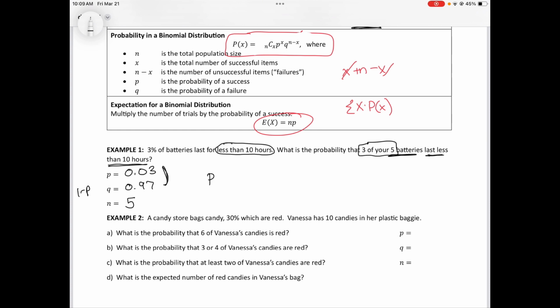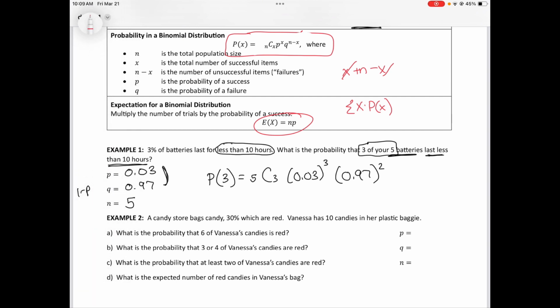The probability that 3 of the batteries will last less than 10 hours is: we have 5 batteries, we're choosing 3. The probability of a success is 0.03, and we have 3 successes. The probability of a failure is 0.97, and we have 2 failures.